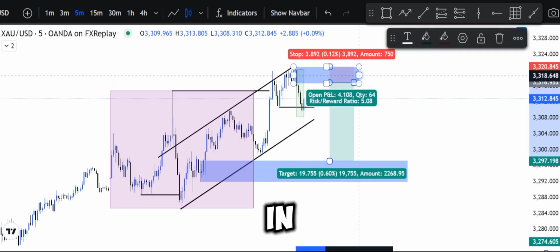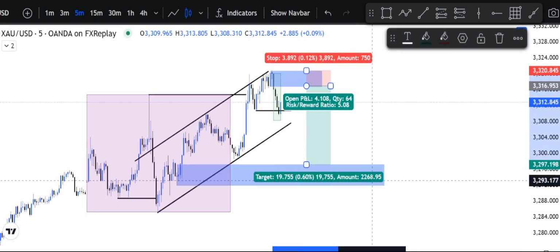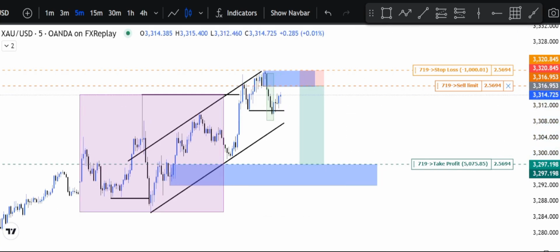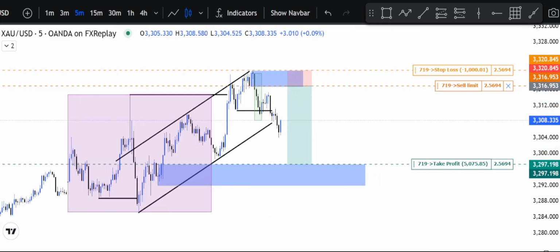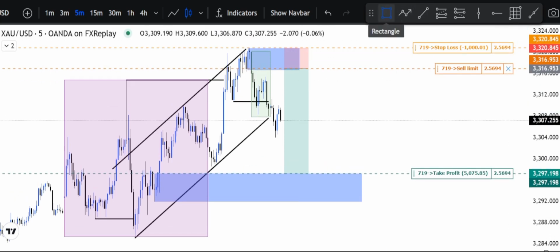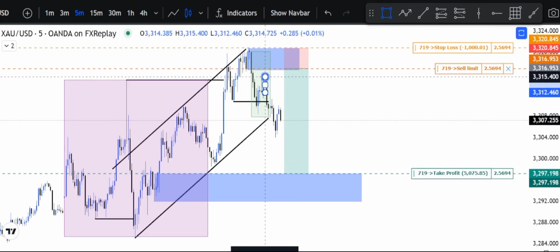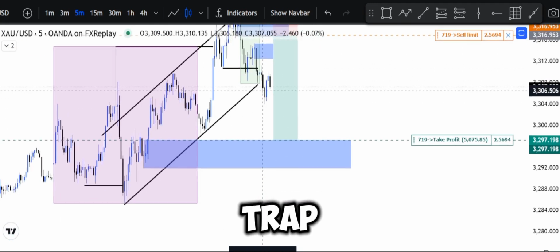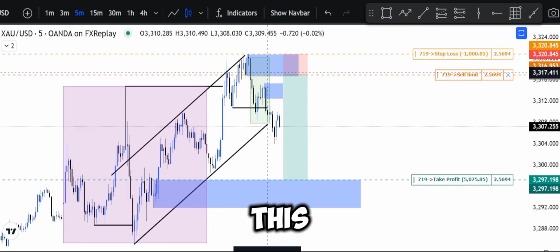It is counter trend anyway. I can take this one. Typical smart money trap. Well, we can take this one.